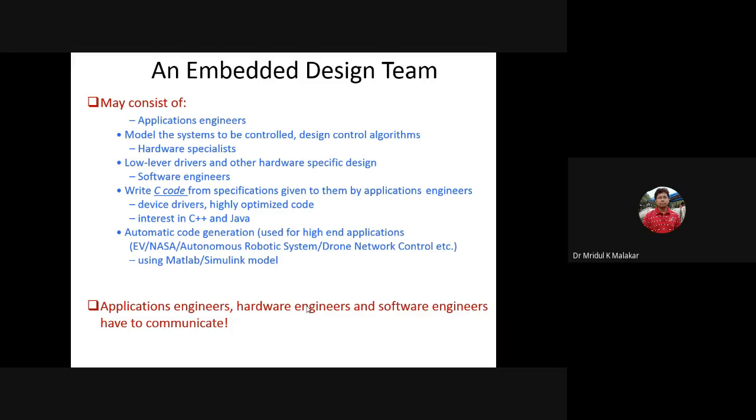They can't do it individually. You need application engineers, hardware engineers, and software engineers, and they need to collaborate, communicate with each other, and chase every time what is going on. They need a full understanding of the system.